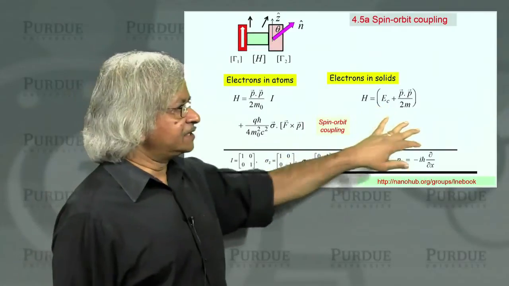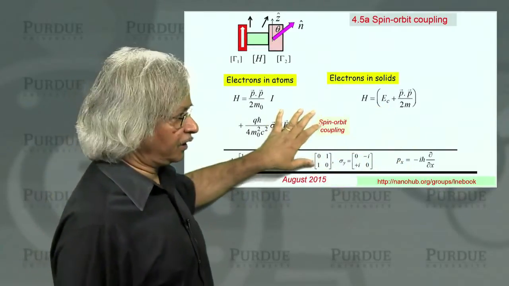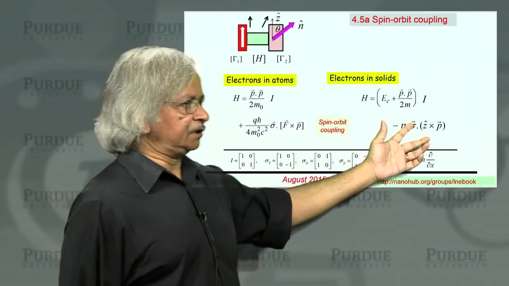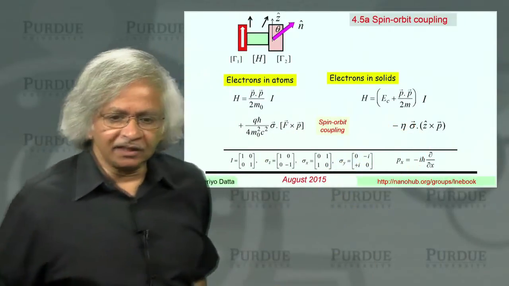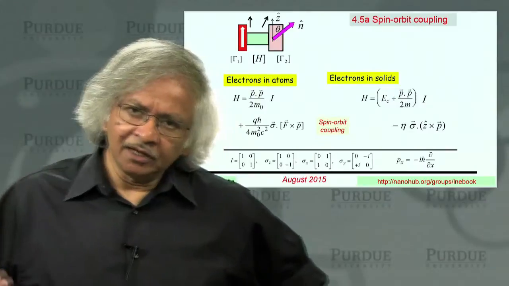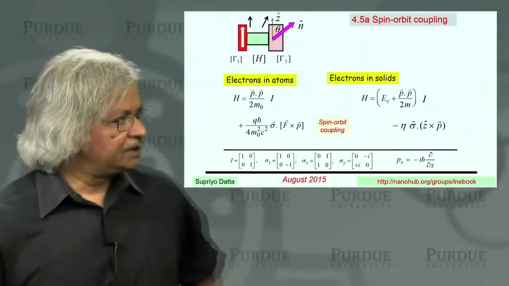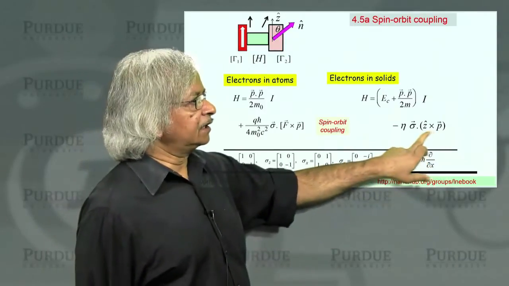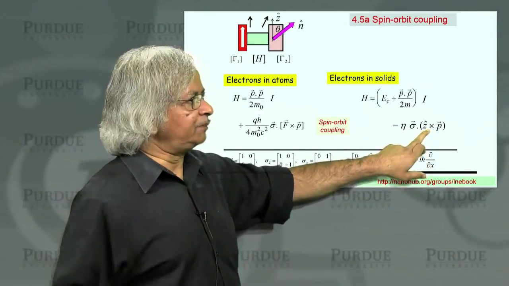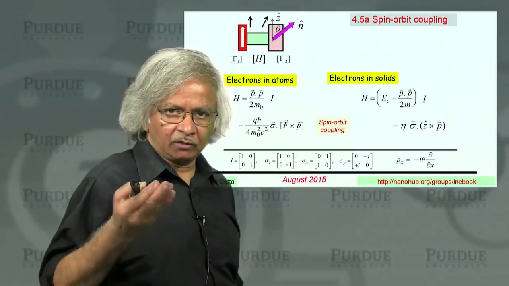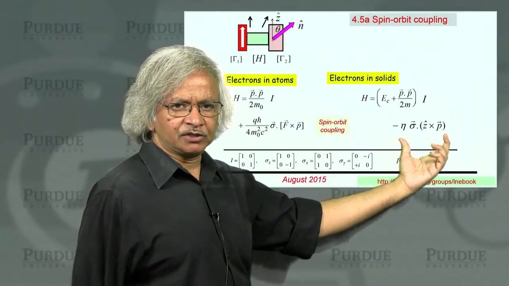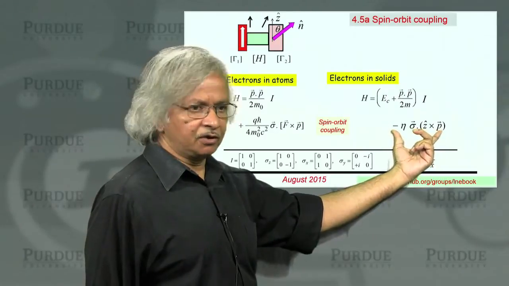Now, in solids, this though is in vacuum or in atoms. Now, in solids, there's a similar term. But of course, again, in solids, the general description could be much more complicated. But within this one-band model, if you consider a conductor in the xy plane so that this z direction is normal to it, then you would have a term looking like this, which is often called the Rashba spin orbit term.